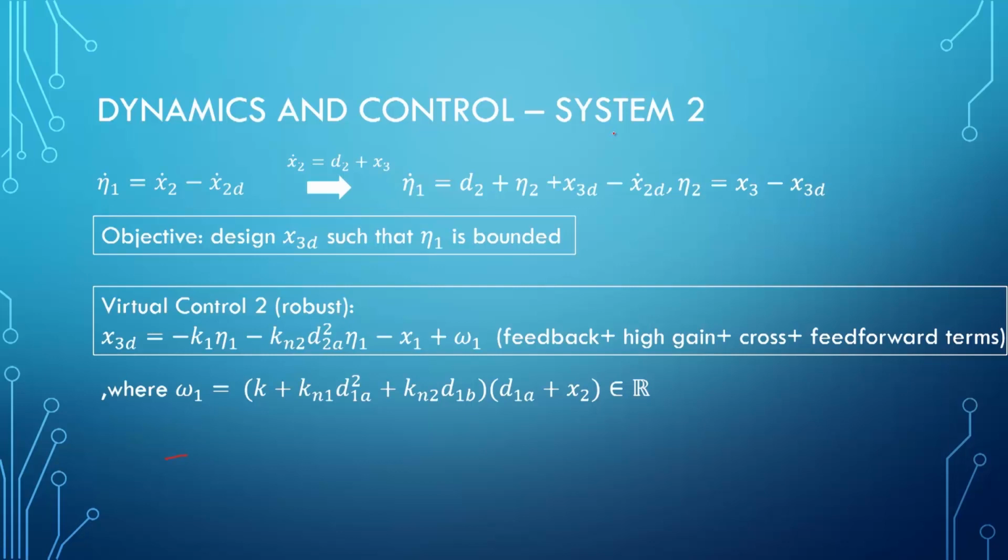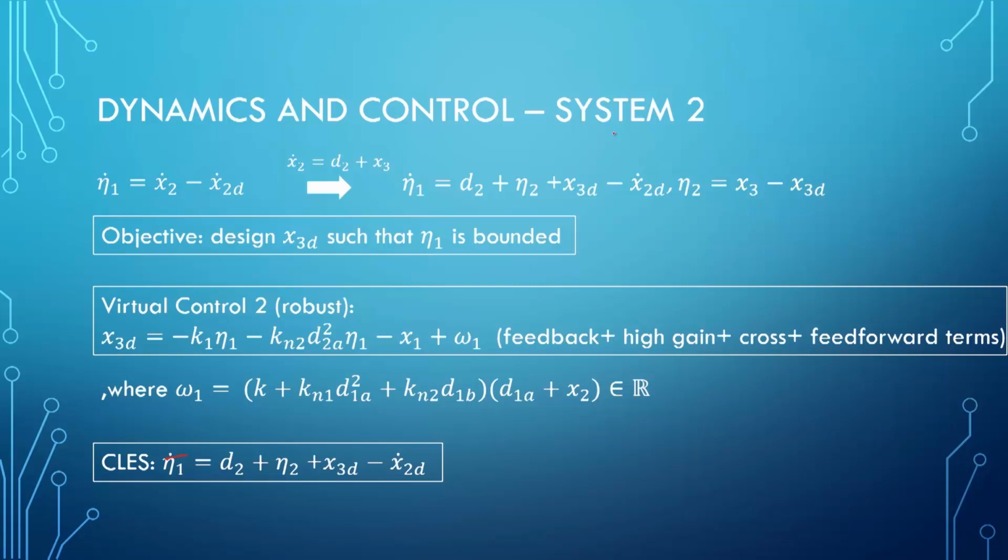So the objective is to design virtual control for eta 1 to go to 0 or be bounded. And the closed error system is you substitute control into this open loop dynamics. Okay. So here we haven't substituted the virtual control input yet. Okay, and x2d dot.